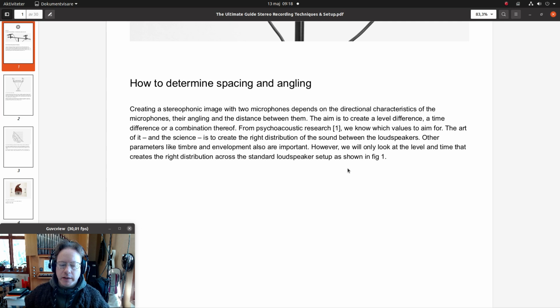So the critical distance would be where the direct sound from the pipe and the reflected sound from the room would equal each other. And if you go further away, you will be in the diffuse kind of field. And if you go closer, you will be more in the direct sound field.